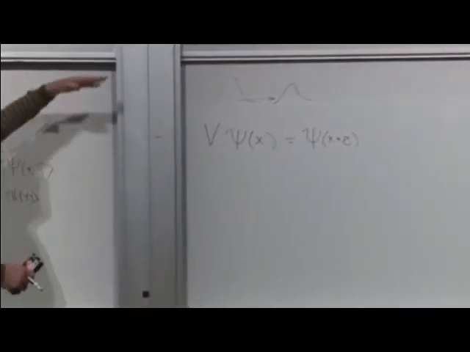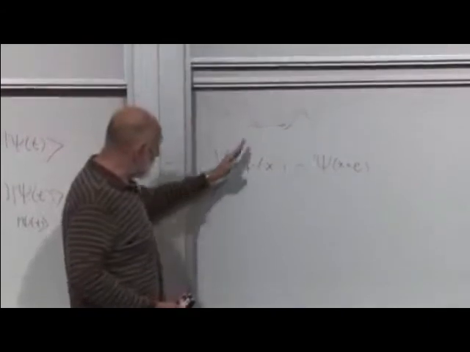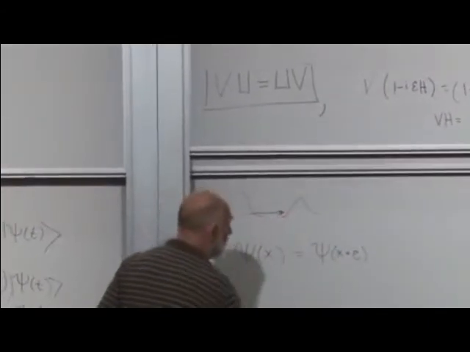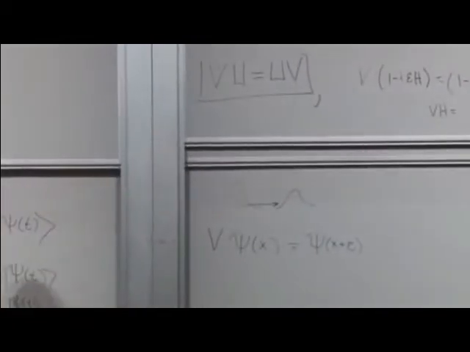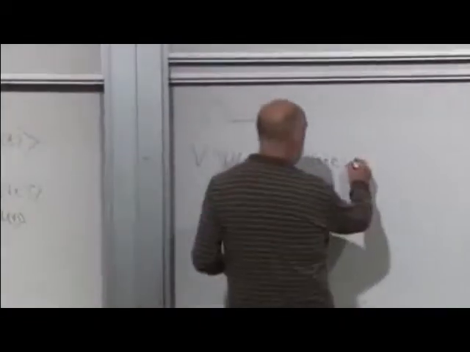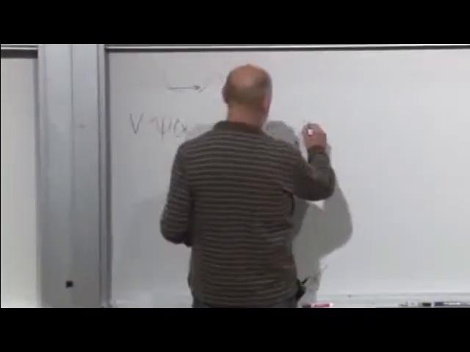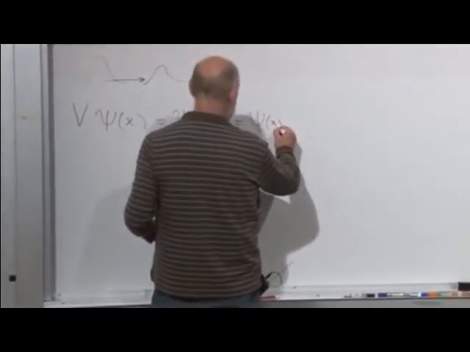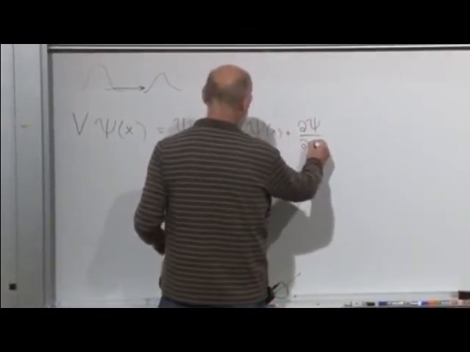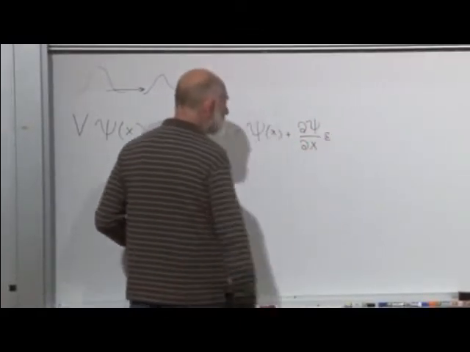That's what V does in this case. It acts on psi of x, and it translates the wave function by amount epsilon. Okay. Now, if epsilon is small, we can also write that this is equal to psi of x plus the derivative of psi with respect to x times epsilon.